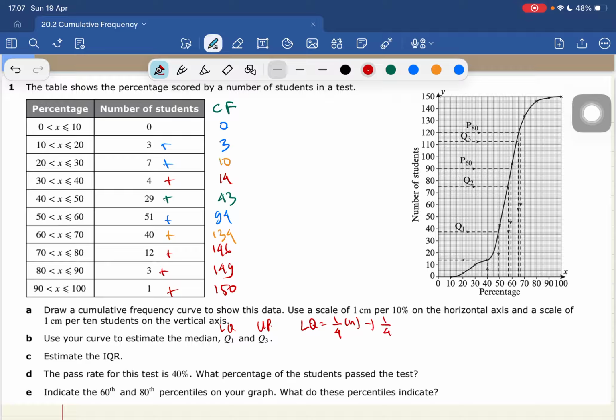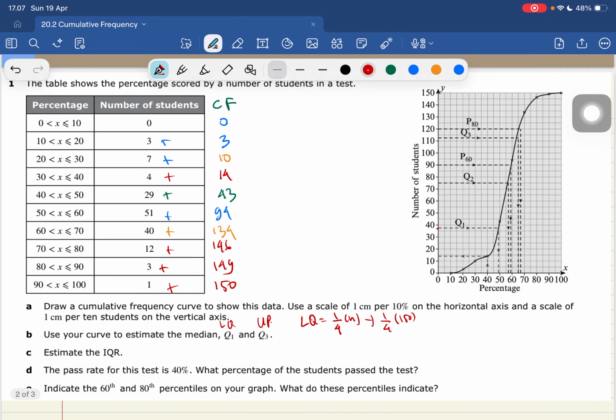So 1/4 times 150 is 37.5. Just go across to the curve and then down. It's almost 50, we can say 49. So I write it here, quartile 1 is 49.